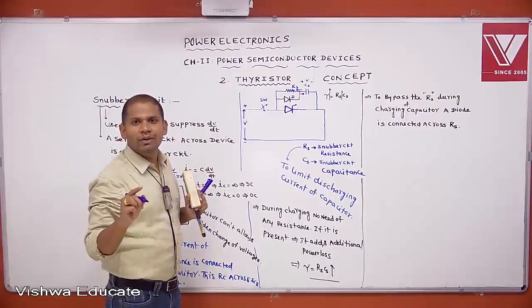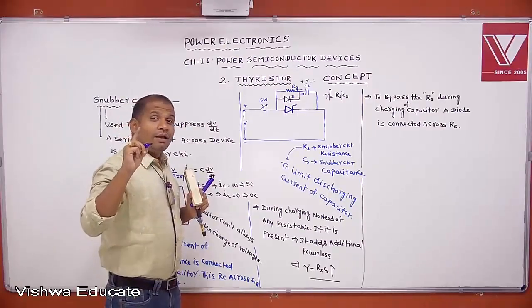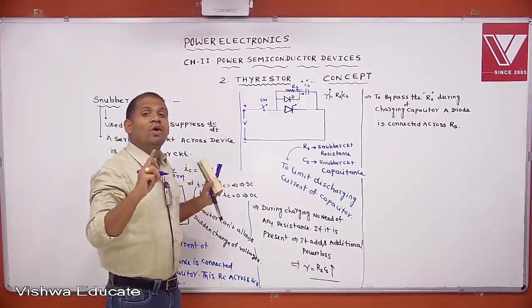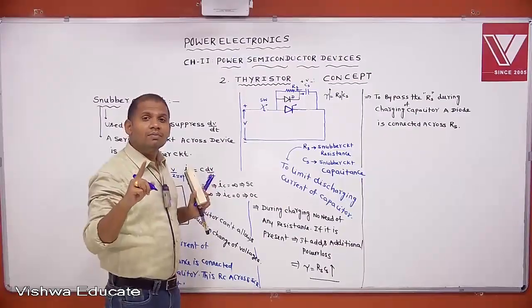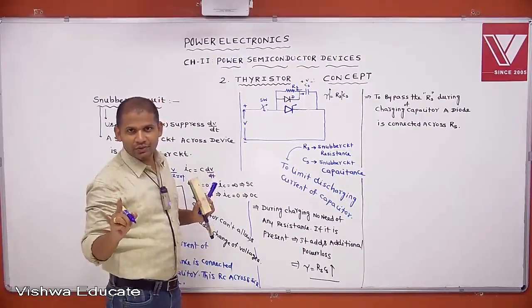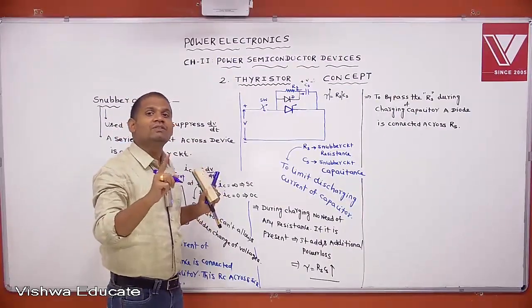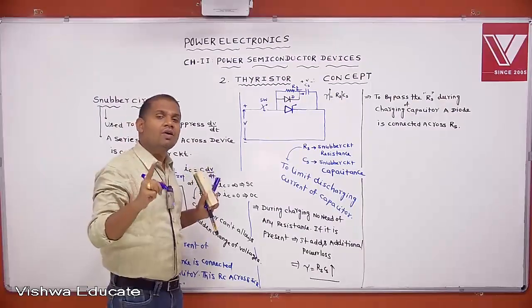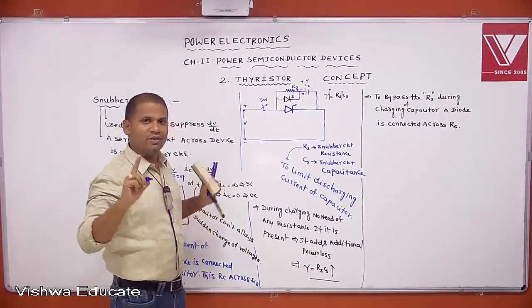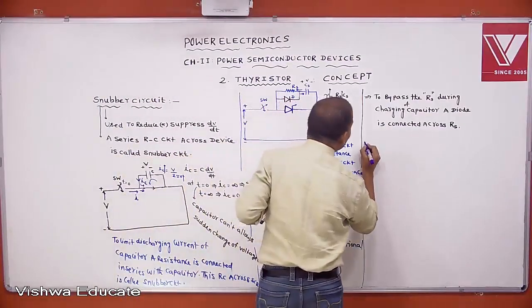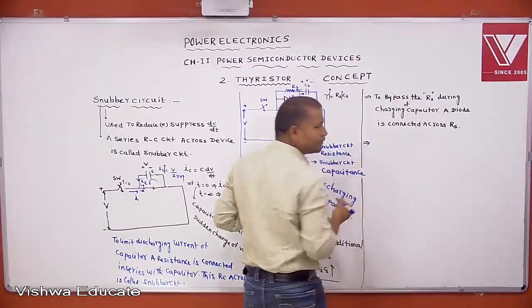But a point to remember: a Snubber circuit without diode is called an unpolarized Snubber circuit. A Snubber circuit with diode connection is called a polarized Snubber circuit. This is important. Here we are dividing the Snubber circuit into two types.